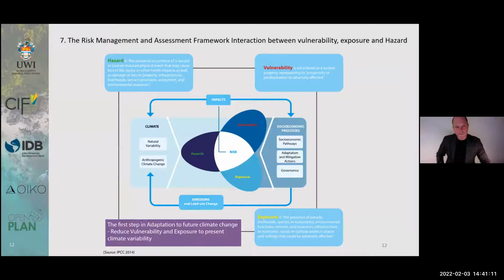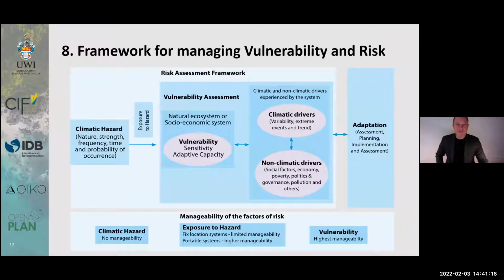So please, next one. I think last one. Yes, this is just a framework for managing vulnerability and risk, which summarizes the exercise for systematic assessment of risk and diagnosis of the sources of risk and the three variables. It's usually called vulnerability assessment, risk vulnerability assessment.